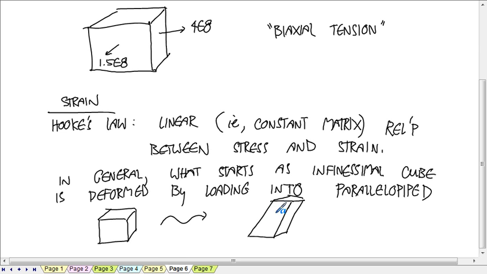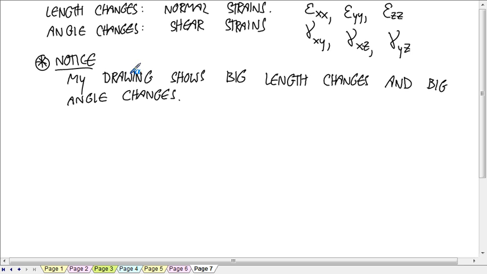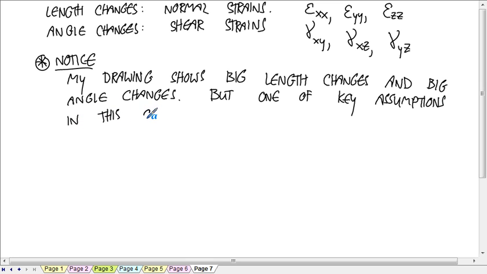We're talking about things well under 1% in most cases as far as the change in length. So these strain values are always going to be really small.